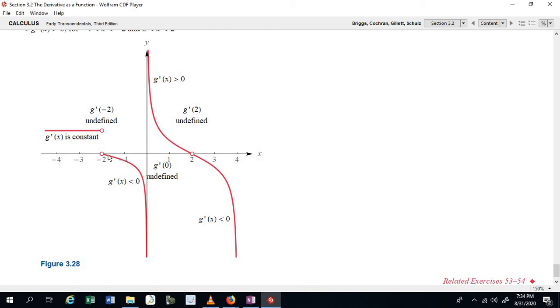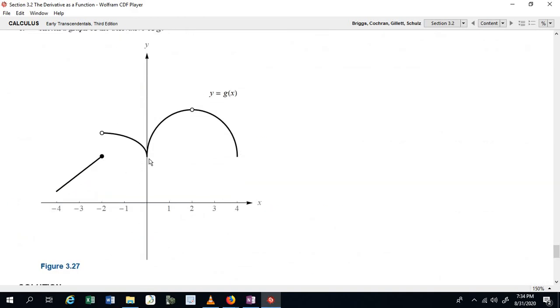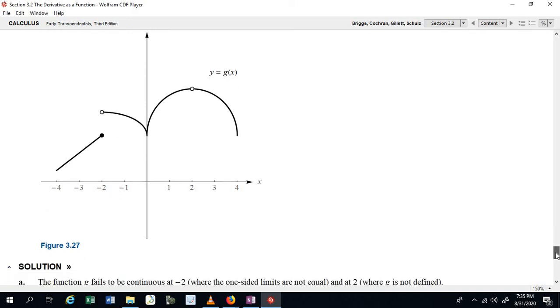This is just below the x-axis, so it has a negative y value, representing a negative slope. And then those slopes just become more and more negative. In fact, it approaches negative infinity. Now notice at 0, this is actually a vertical asymptote, so g prime of 0 does not exist. It's undefined, and that's because you have a sharp point here, or you can say that the tangent line is vertical at that point. And so it has an undefined slope.